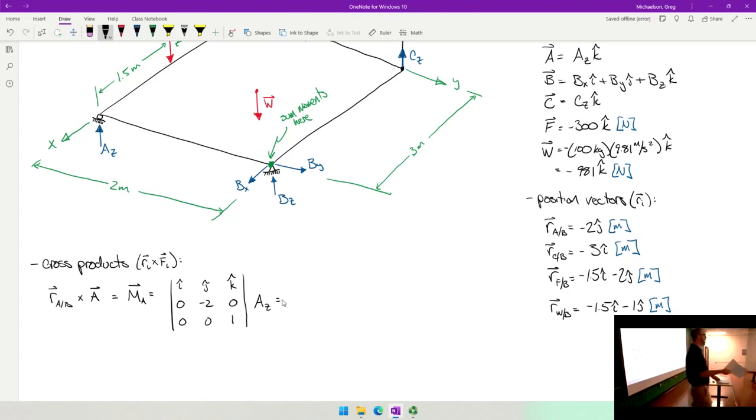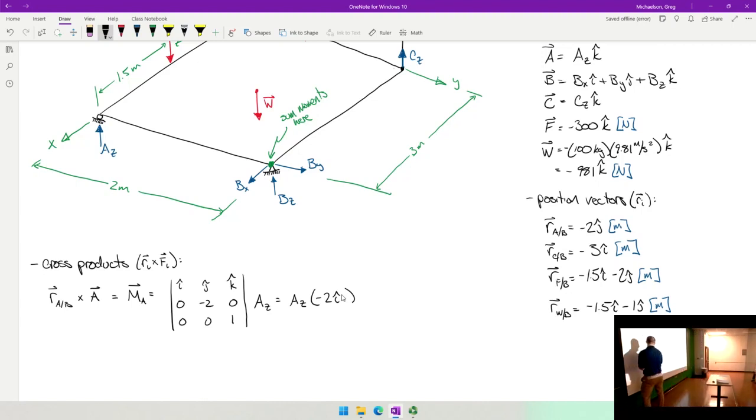I've got to believe by now we're pretty good at that. Do I need to go through that in detail, or are you okay if I just tell you that the cross product of this is AZ times negative 2I? There's a lot of zeros here.